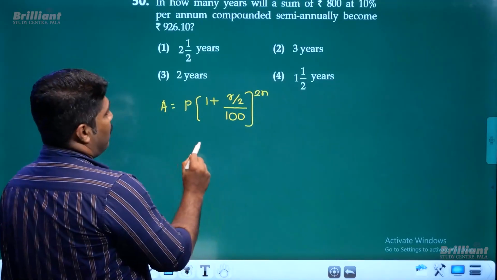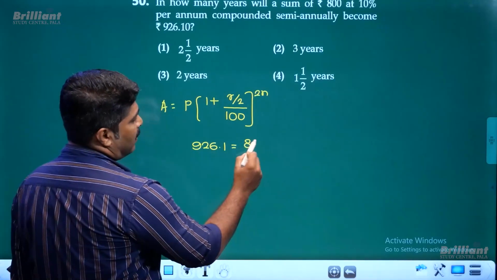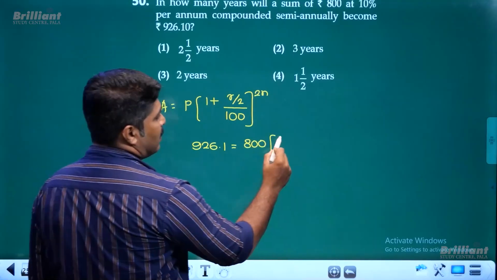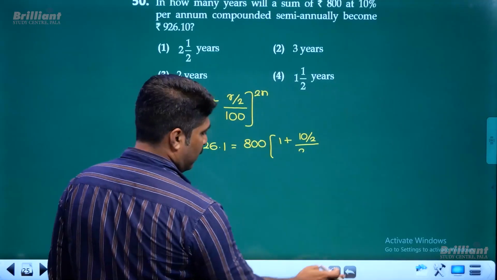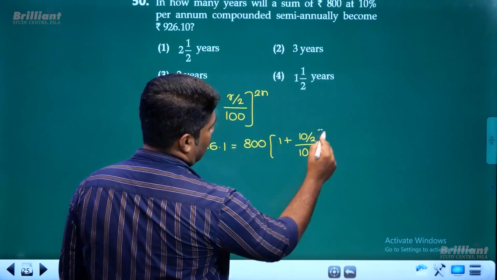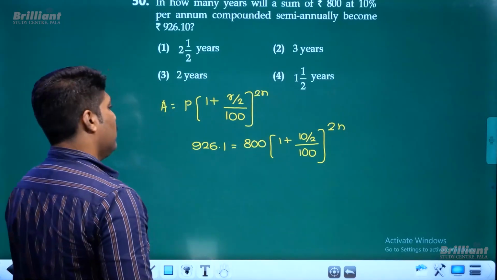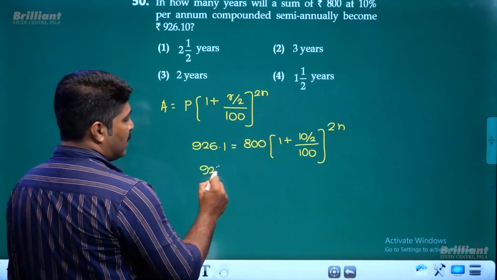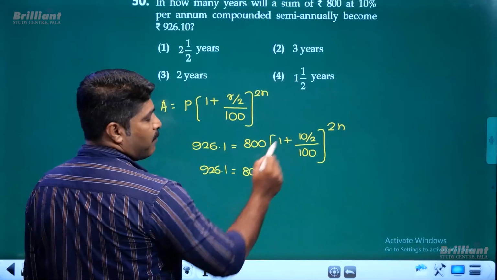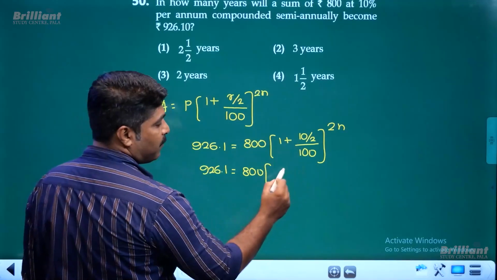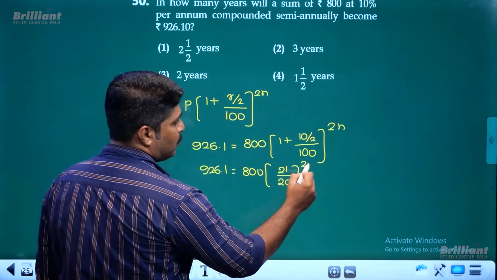So here the amount, that is 926.1, is equal to principal, that is 800, into 1 plus 10 by 2 by 100, the whole raised to 2n. We are going to find out what is n. Here 1 plus 5 by 100, we can write it as 21 by 20 directly, raised to 2n.